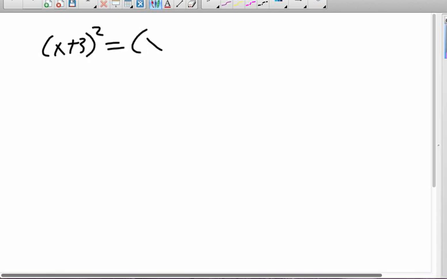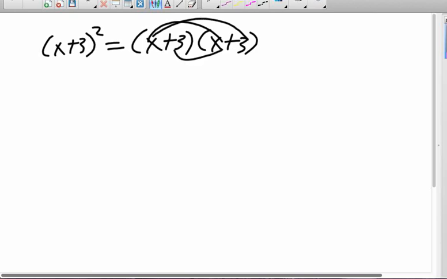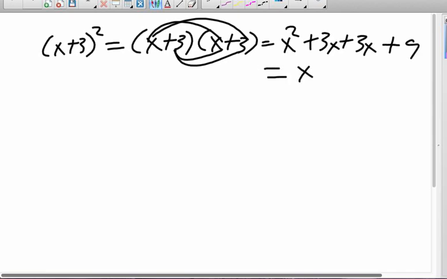That is x plus 3 times x plus 3. You distribute, and it comes out to x squared plus 3x plus 3x plus 9, which is x squared plus 6x plus 9. So that gives me x plus 3 squared.